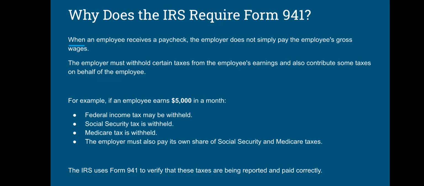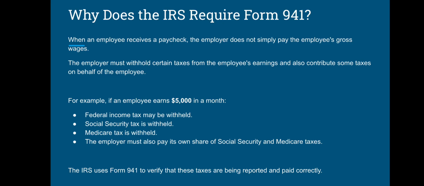Why does the IRS require Form 941? When an employer pays an employee, the employer does not simply pay the employee's gross wages. The employer must withhold certain taxes from the employee's earnings and also contribute some taxes on behalf of the employee. For example, if an employee earns 5,000 in a month, the taxes deducted from his gross salary would be federal income tax, social security (employer part plus employee part), and Medicare tax (employee plus employer part).